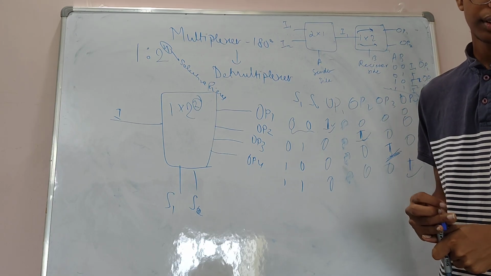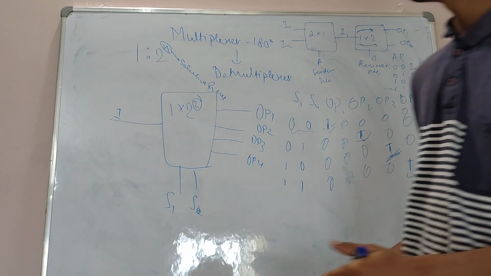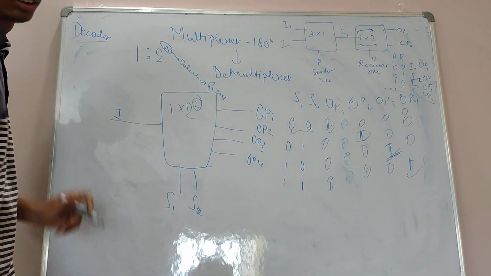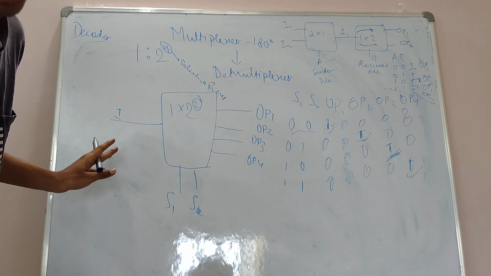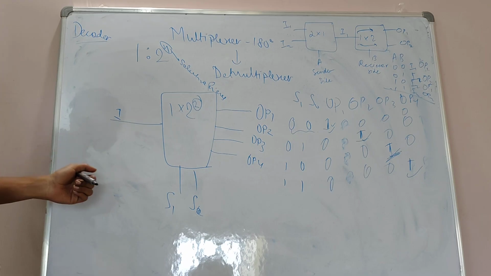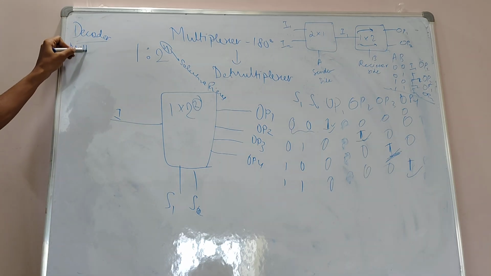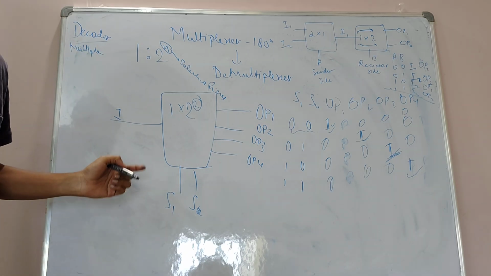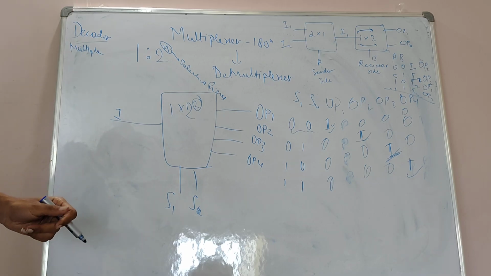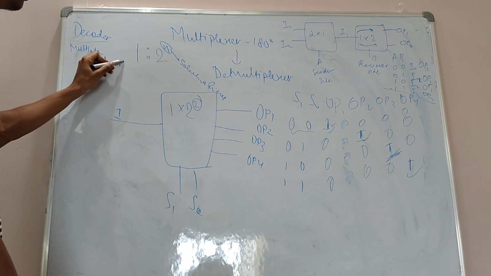And then let me discuss the decoder. So what is a decoder? A decoder is a multiple input and multiple output device, right?